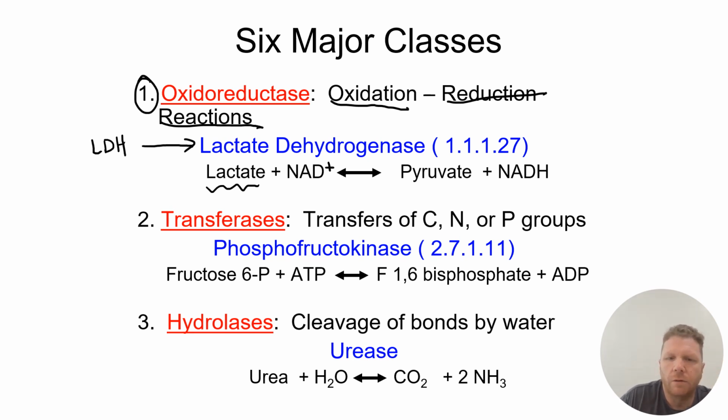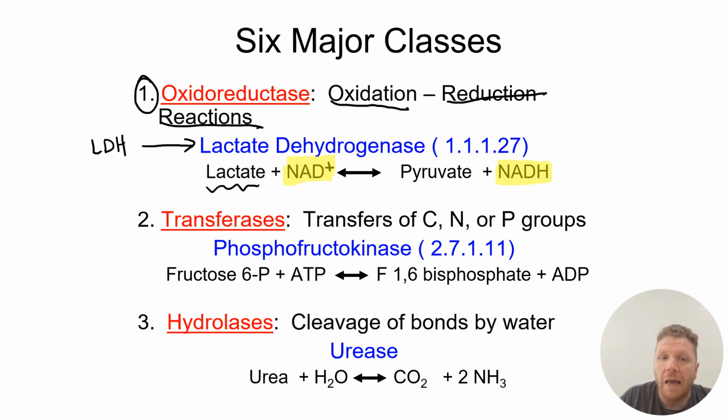Now the key here, in the way that this ends up being an oxidoreductase, is this molecule right here, NAD plus, nicotinamide adenine dinucleotide. That has a positive charge to it in that form. What it's going to do is accept electrons in a hydride atom to make NADH.